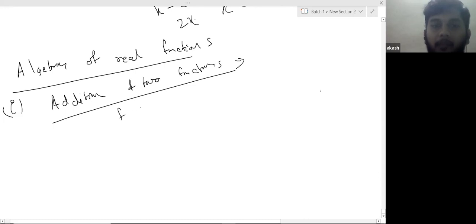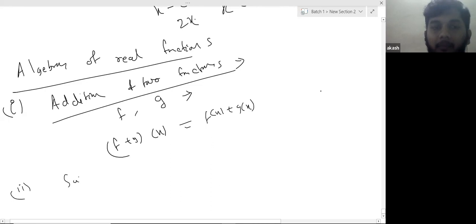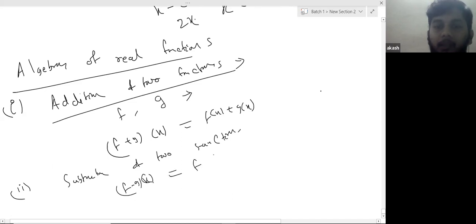Simply, if two functions f and g are there, then f plus g of x is equal to f of x plus g of x. All right. Subtraction of functions: f minus g of x is f of x minus g of x.